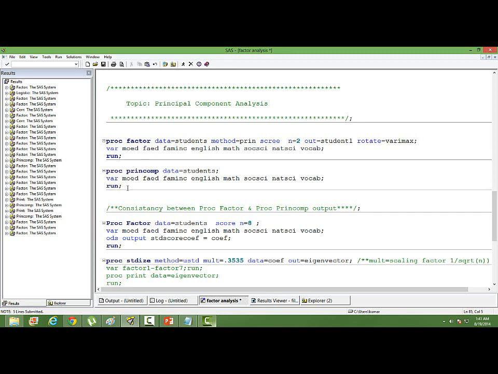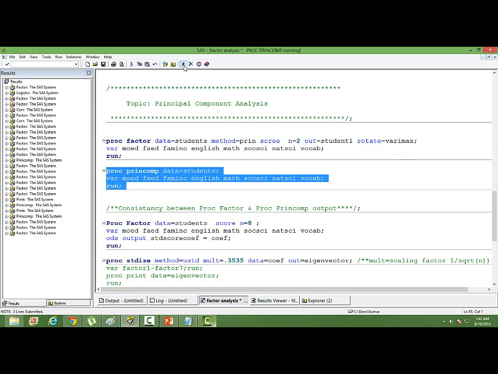We don't need to bother much about it if you are somebody who needs to understand the application part, not the background theory. We can always get back to the same result. Let us run it first and we'll see what the difference in the result is.